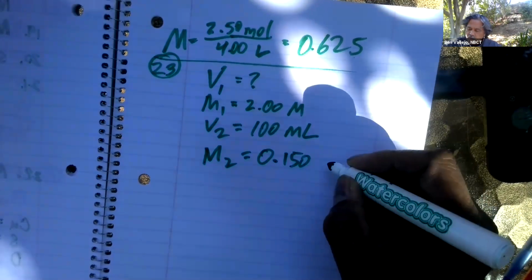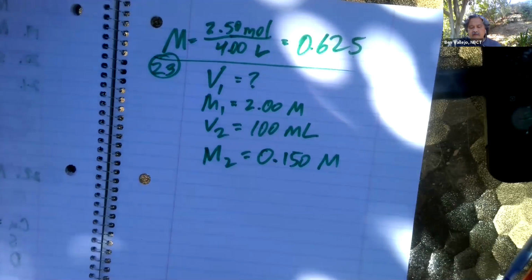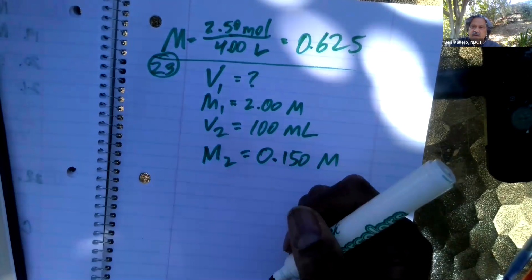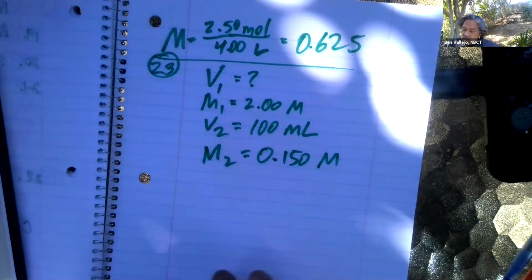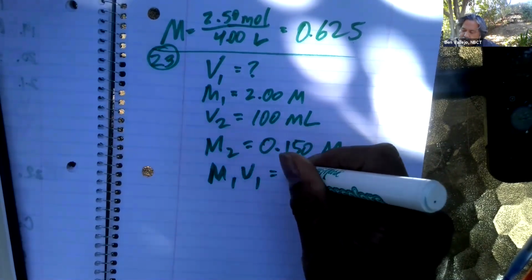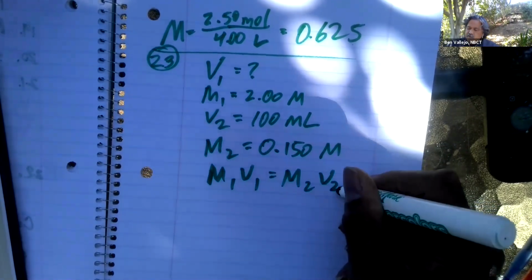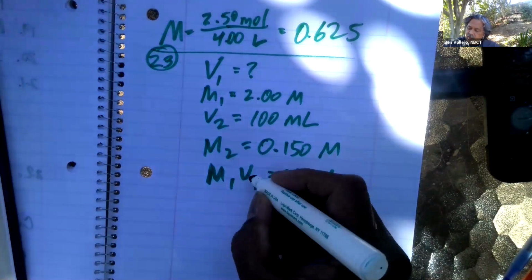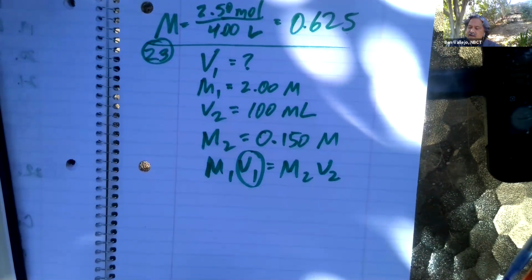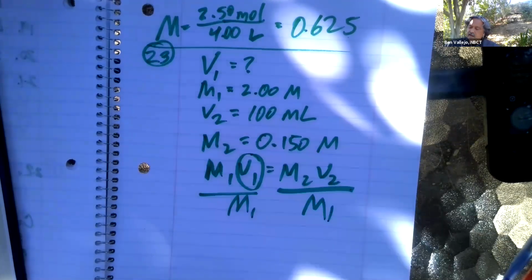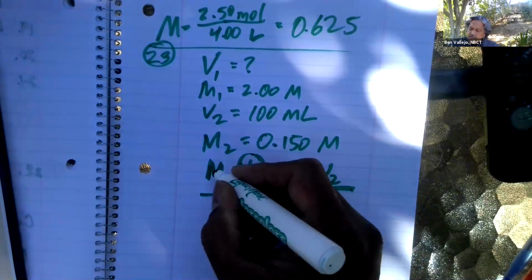I'll remind you that M1V1 equals M2V2. What we don't have is V1, so we solve for V1 by dividing both sides by M1.